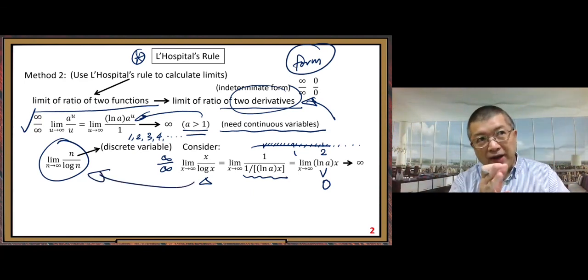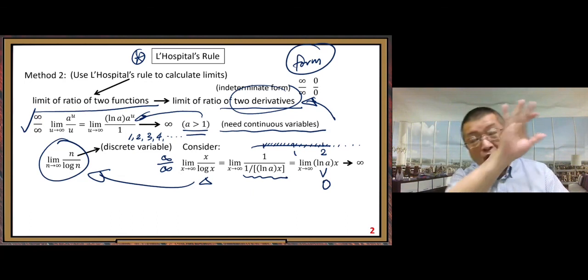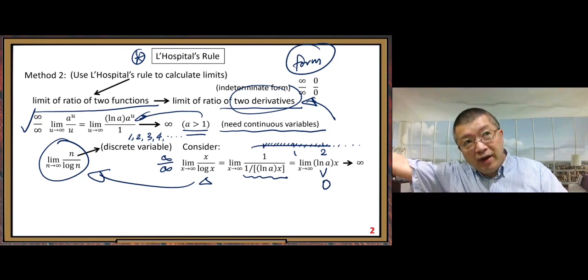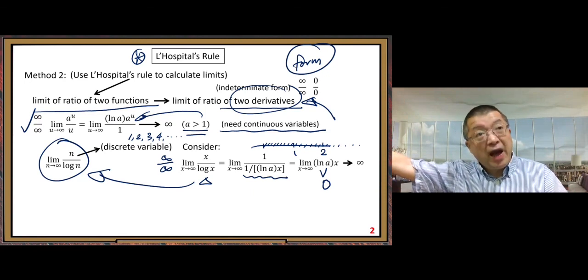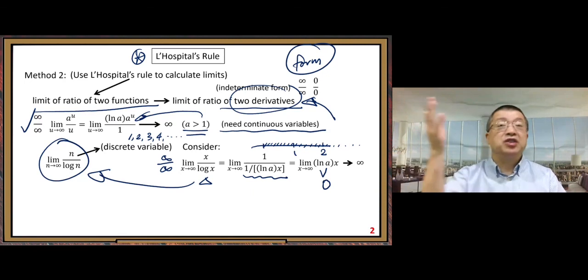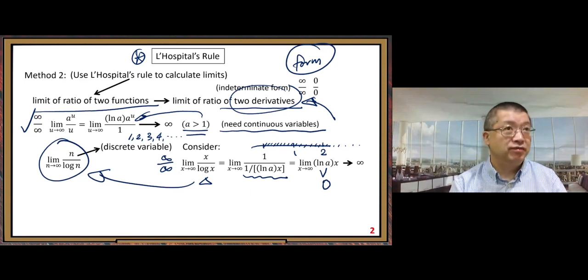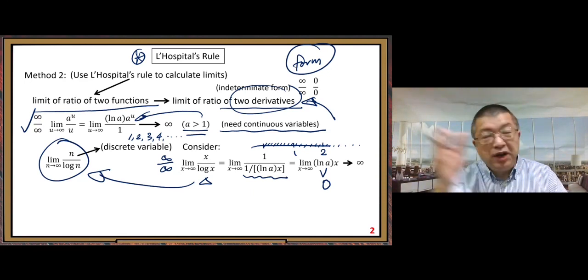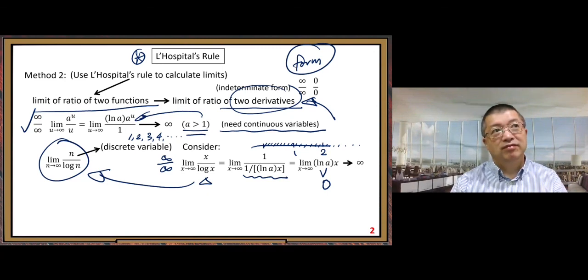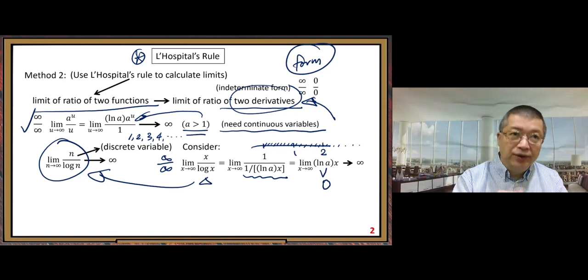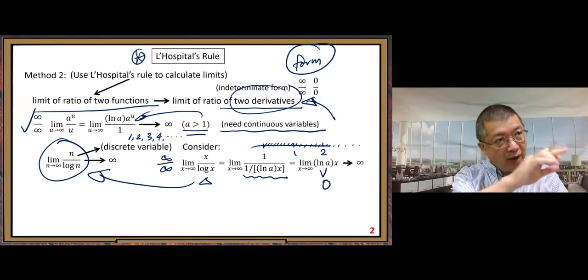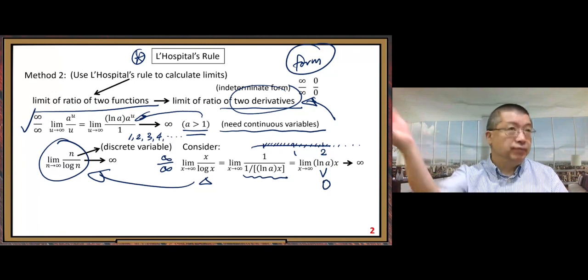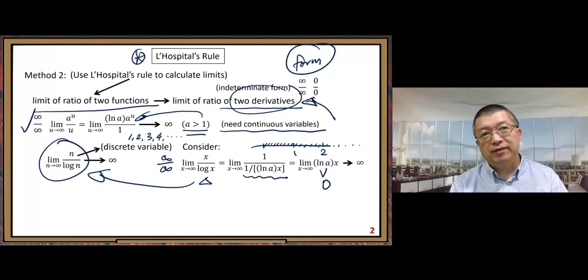Then we come back to the original. Because x can take all possible positive values, how about we just take integer values? We just take the special integer values. That's still correct, right? So that's why we conclude the limit of n over log n is also infinity.